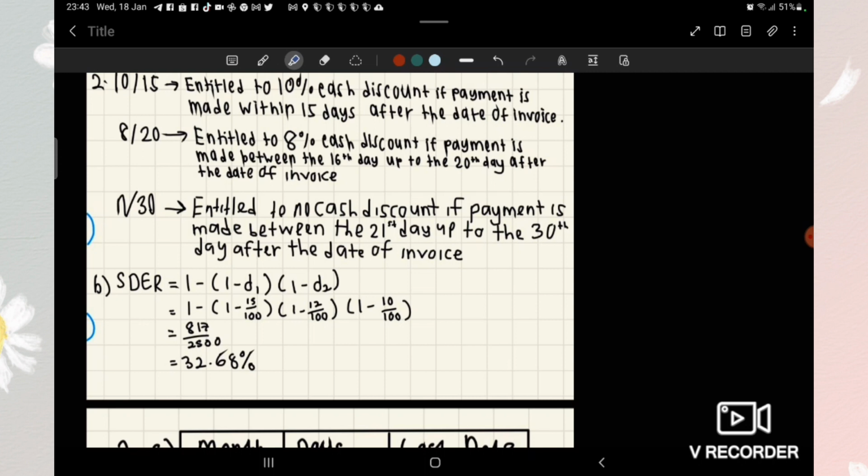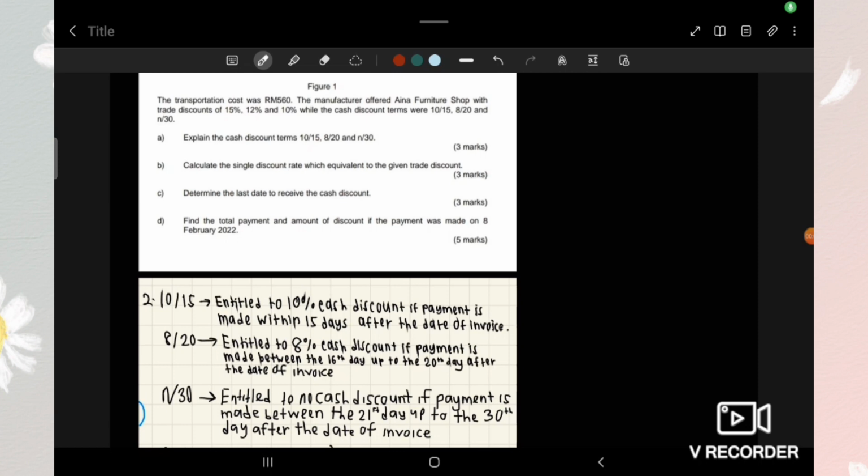So we will get the answer 117 per 2,500, and when we convert to percent, we get 32.68%.